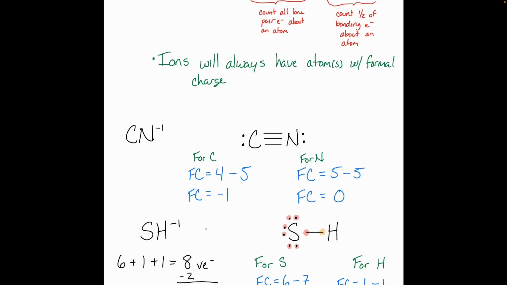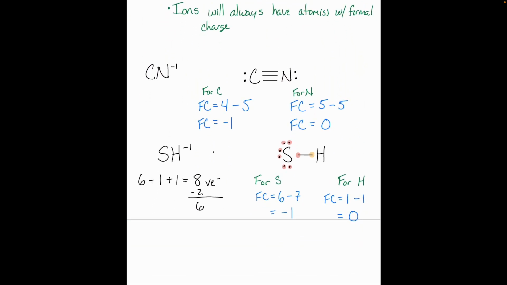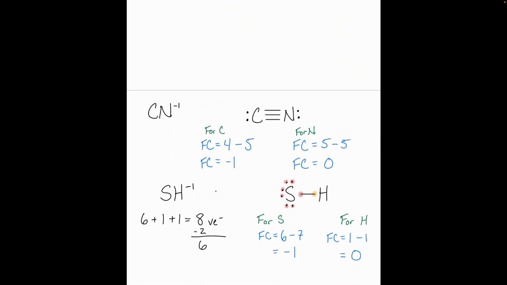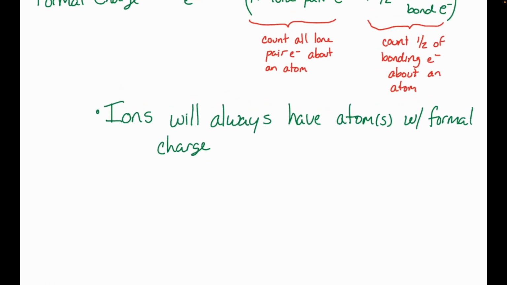So if we have ions like we had here, we're always going to have at least 1 atom in that structure that has a formal charge associated with it.